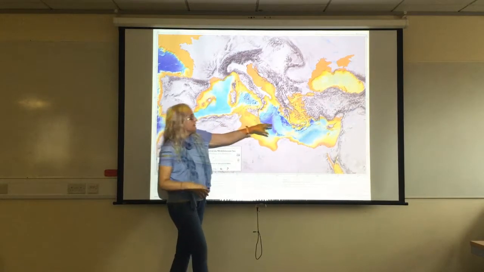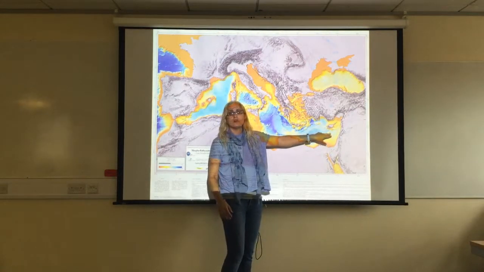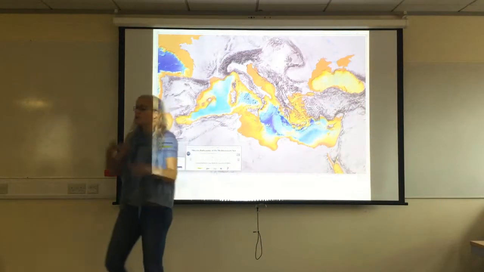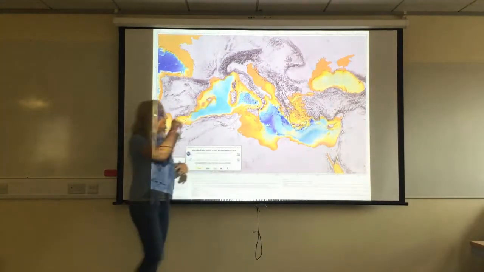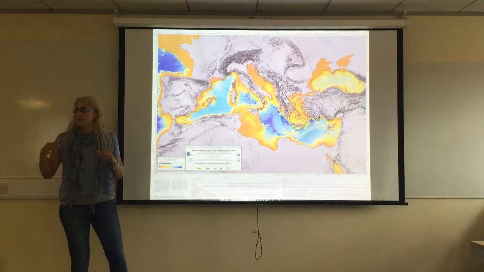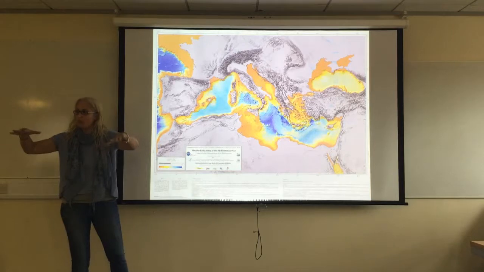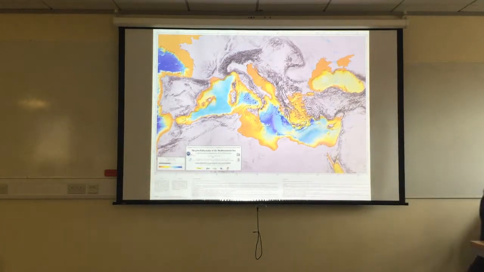This is the Italian. This is the Greek volcanoes. These are some seamounts. This is called the Eratosthenes seamount that was a part of Africa that was moved to the north. So these are a synthetic topographic map showing onland and offshore, bathymetry and also topography.